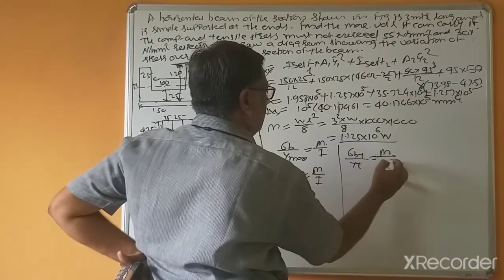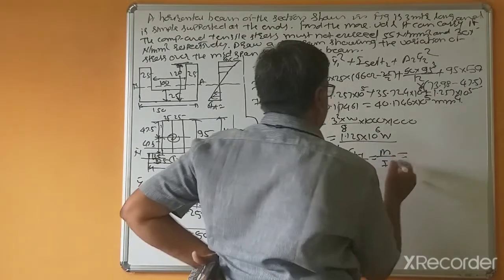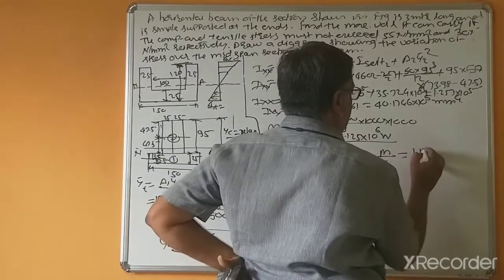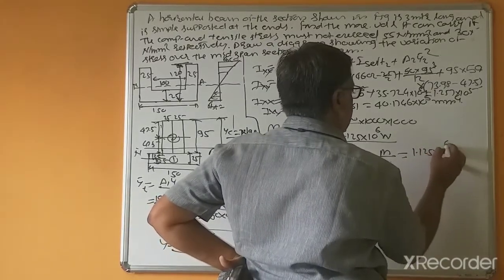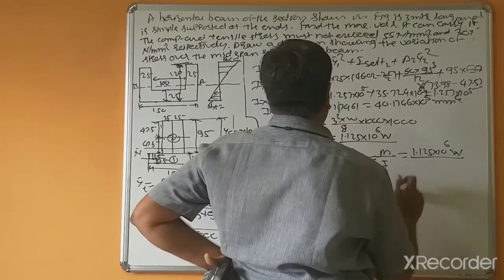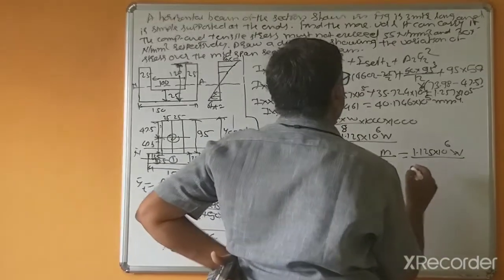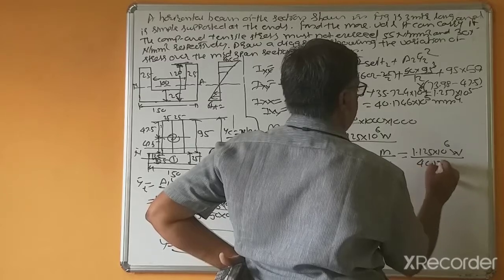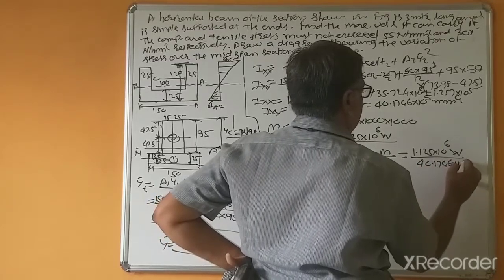M equal to 1.125 into 10 to the power 6 W. I equal to 40.1746 into 10 to the power 5.